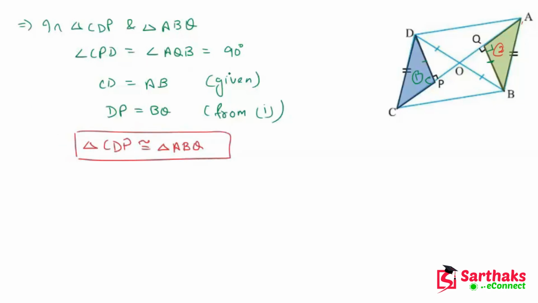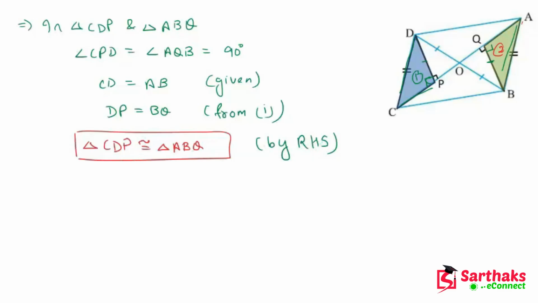So by what? Now you can see here is a right angle, and a hypotenuse which is this, and one side. So we can say these two triangles are congruent by the RHS rule, means right angle, hypotenuse and a side.